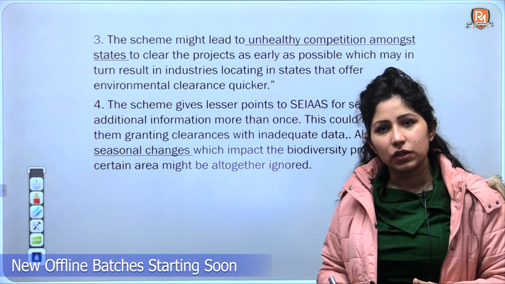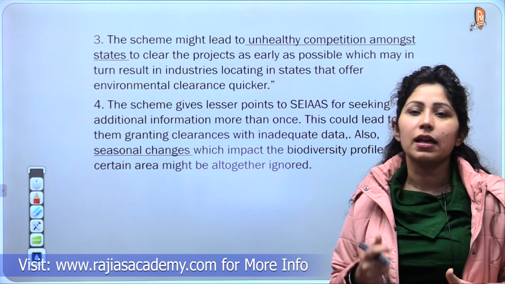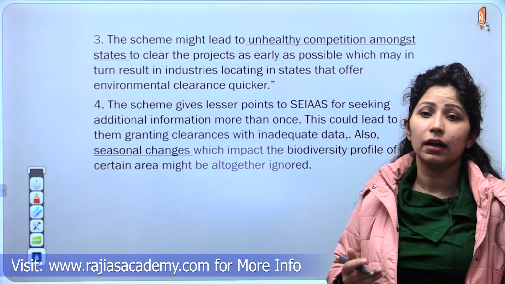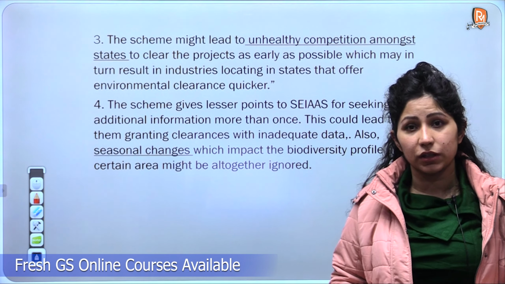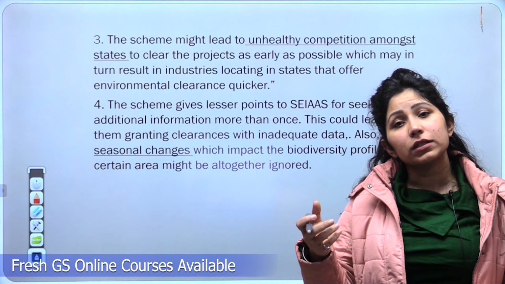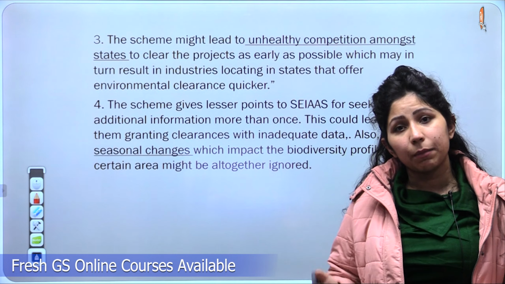Also, this scheme directly states that whichever state assessment agency is asking more and more questions, seeking additional information from the person trying to build the project, from the corporate, their points will come down. They will be given lower stars if they are asking for additional information again and again.